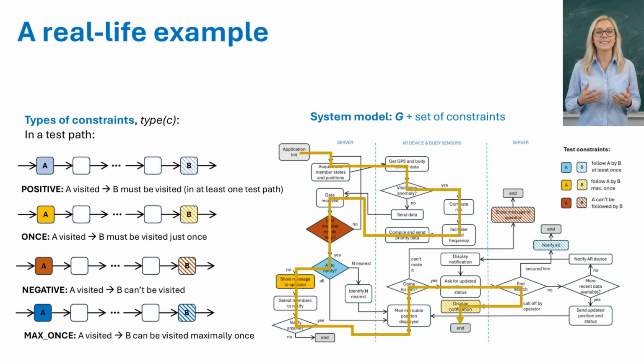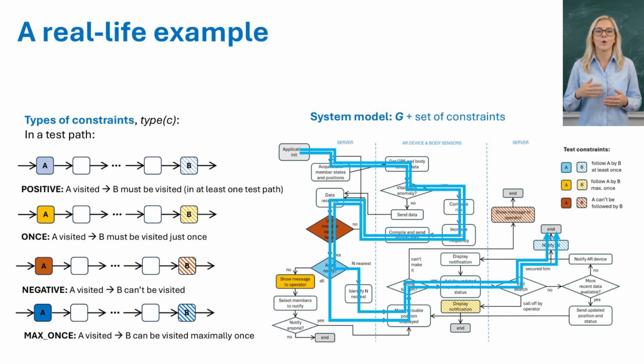Or, we may need to test a certain part of the workflow only in a lightweight way for regression test. So, we place the once type of constraint in the model at the nodes that will make test paths enter a certain part of the workflow only once.